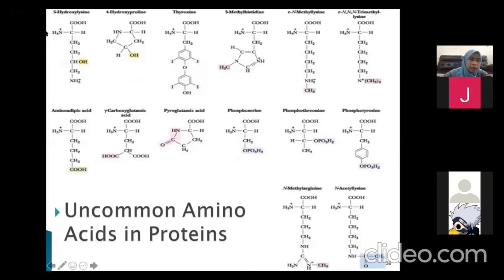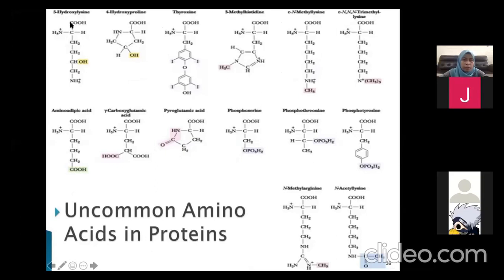The principle will be the same. They should have the basic backbone, which is NCCN for the next amino acid, for the peptide bond. For example, here we have amino group, chiral carbon, and carboxyl group.